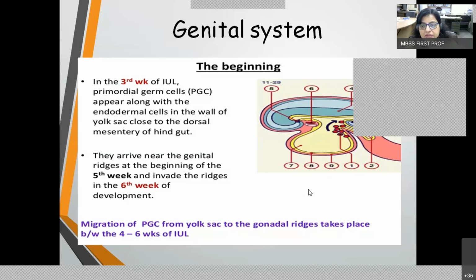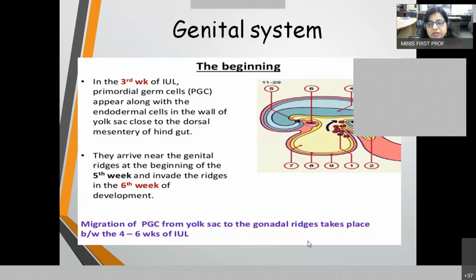They reach the genital ridges in the fifth week, invade them in the sixth week, and then sex differentiation takes place in the seventh week. Whereas production of testosterone, if it is a male gonad, takes place in the 8th week of intrauterine life. So all these things happen from the 5th to the 8th week of development or intrauterine life.